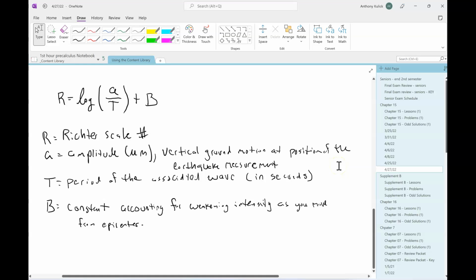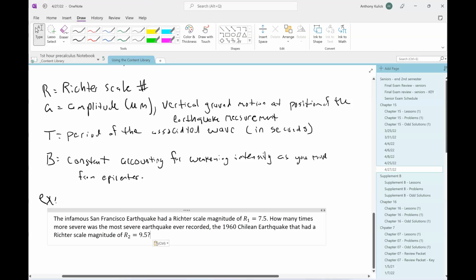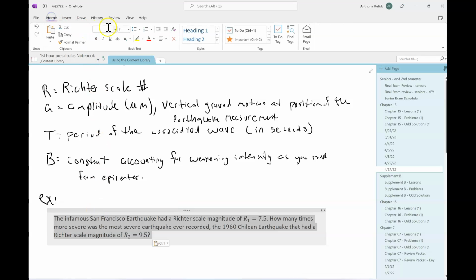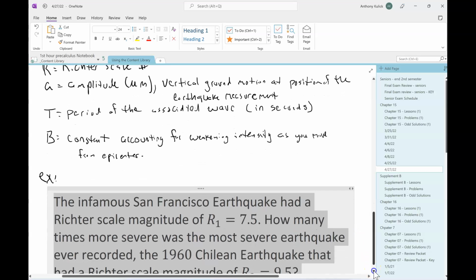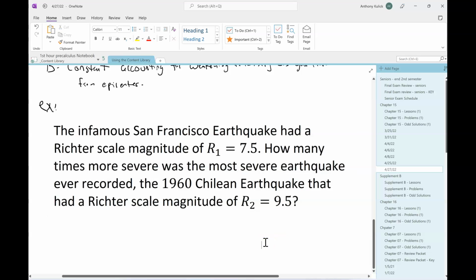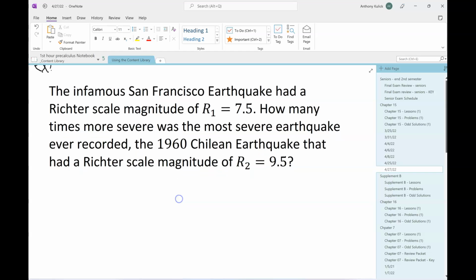All right, so let's again do an example. The infamous San Francisco earthquake had a Richter scale magnitude R1 of 7.5.